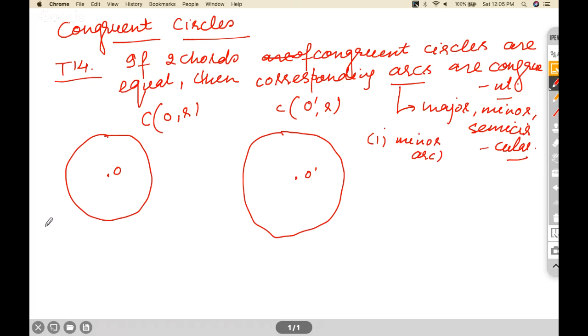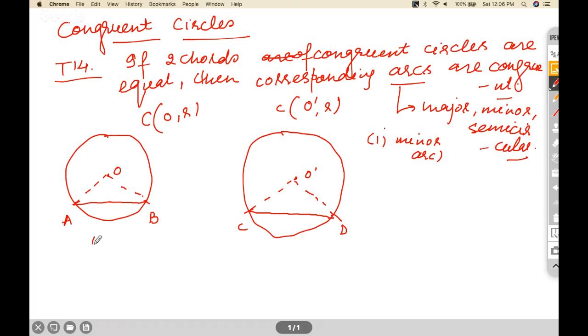So I'm taking minor arc AB here, and minor arc CD here. I draw a line like this, and then I make a corresponding chord, and I make a corresponding chord here.